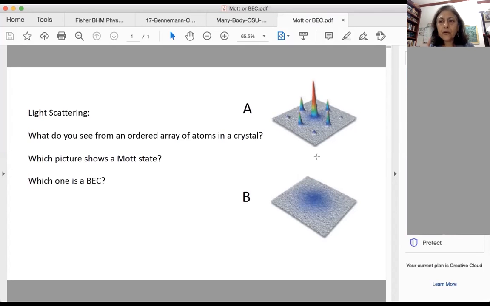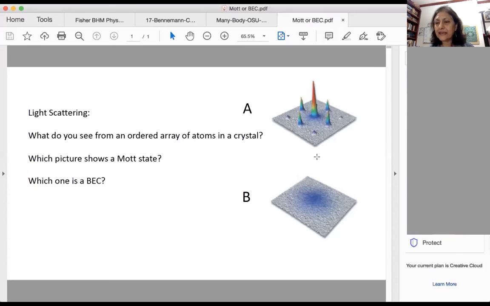If you remember, quite a while back, I talked about light scattering and critical opalescence. We looked at light scattering near a phase transition, and what we were able to capture were the fluctuations.